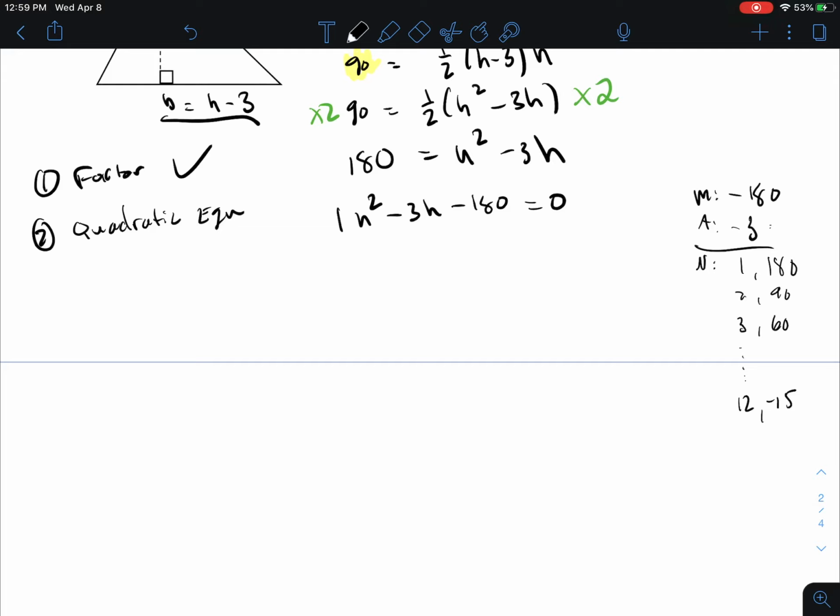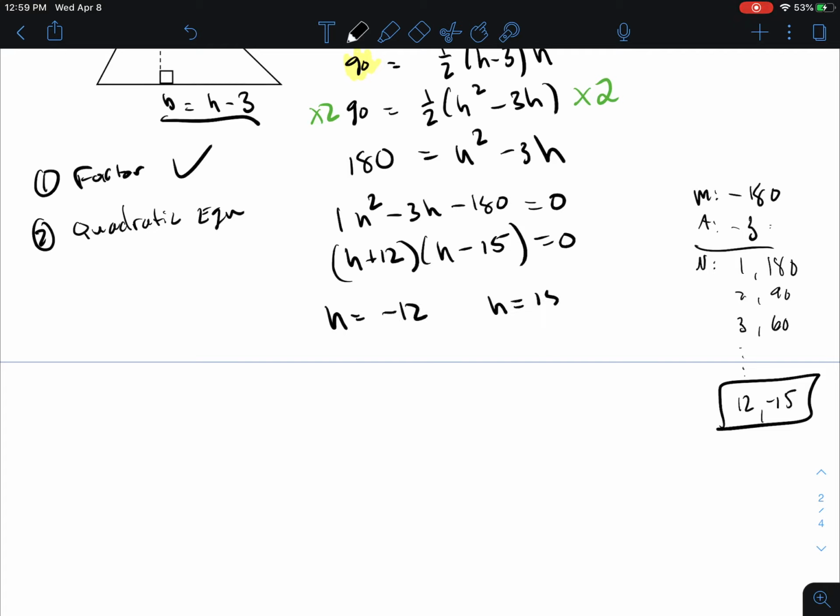Again, I have a simple trinomial here. So I get to rewrite this using the two factors that I just found. I'm going to go h plus 12 multiplied by h minus 15 equal to 0, which must mean h equals -12 and h equals 15.